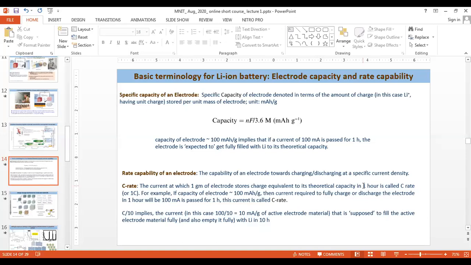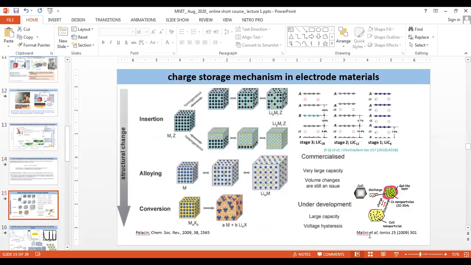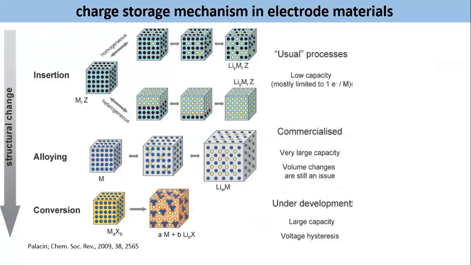So another query is to explain the insertion factor. Okay. So as I told, electrode materials can be classified broadly into three categories. One is insertion, which we call intercalation also, that is a special case, alloying and conversion. So in insertion, what happens?